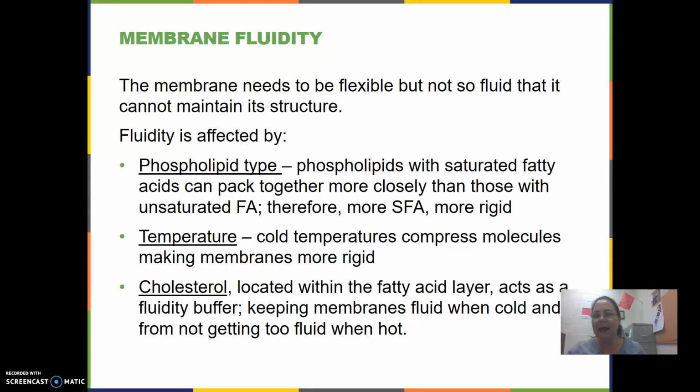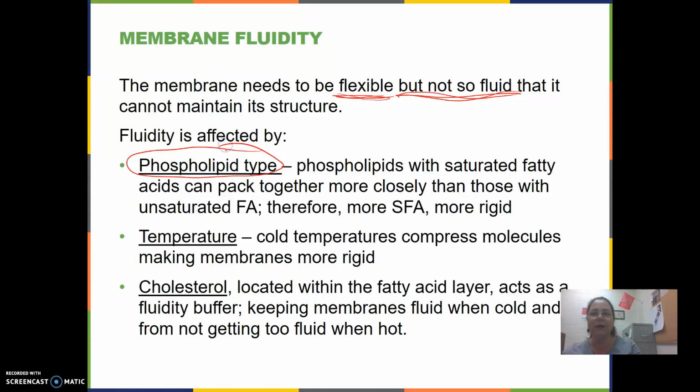Now, we mentioned that the plasma membrane is fluid. So the fluidity needs to be flexible, but not so fluid that it can't maintain its structure. So it needs to be a more concentrated or a thicker fluid. It doesn't need to be as fluid as, say, water. The fluidity is affected by the types of phospholipids.